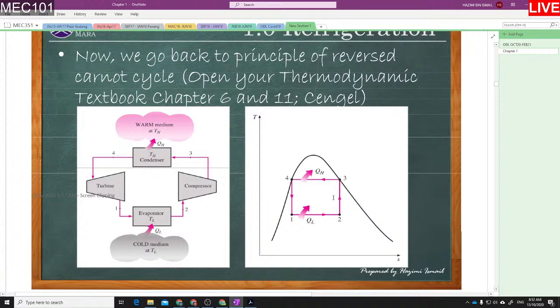So in our refrigeration, we want to give work input because we want to extract QL. In the normal Carnot cycle, QH comes from above, goes into the system and releases heat at QL. But okay, I will try to draw a little bit.